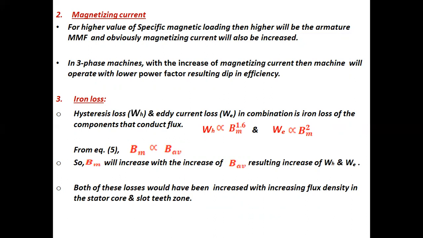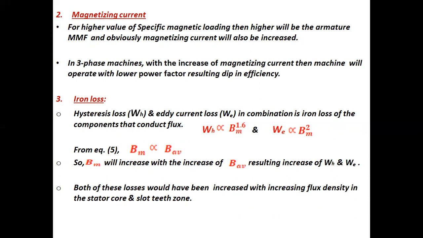From equation 5, Bm is directly proportional to B average. So Bm will increase with the increase of B average, resulting in an increase of hysteresis loss and eddy current loss.